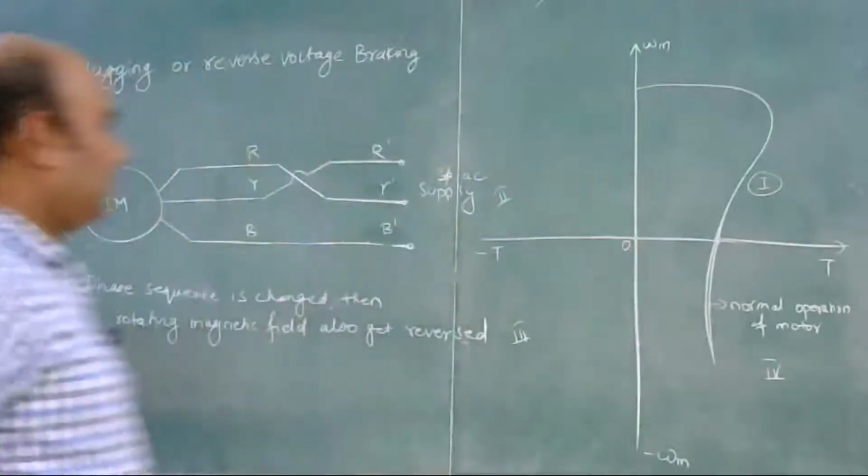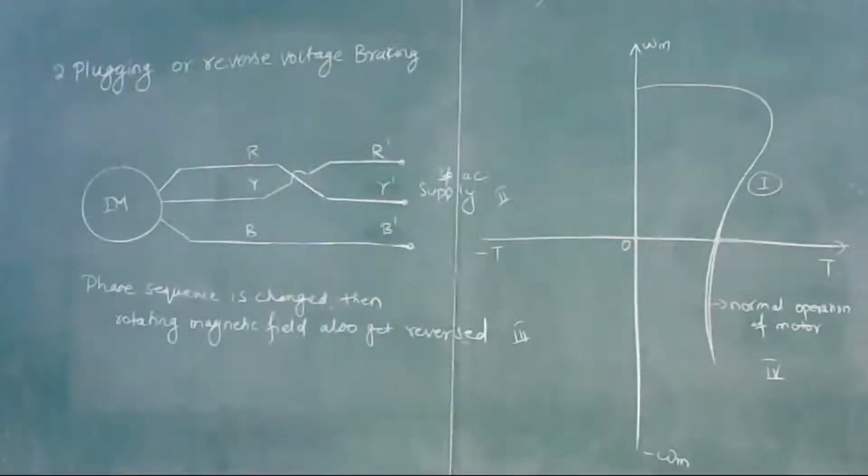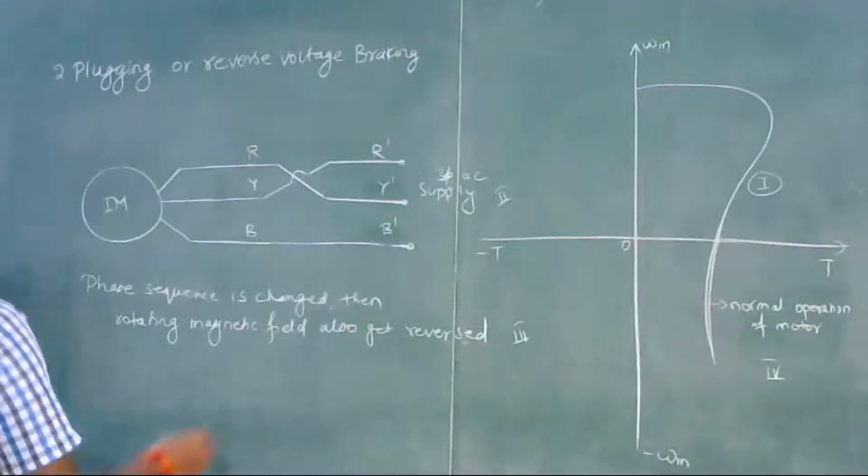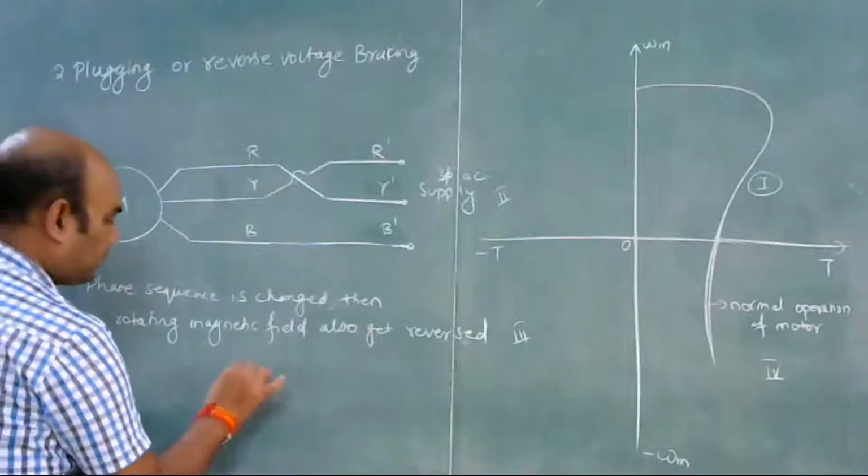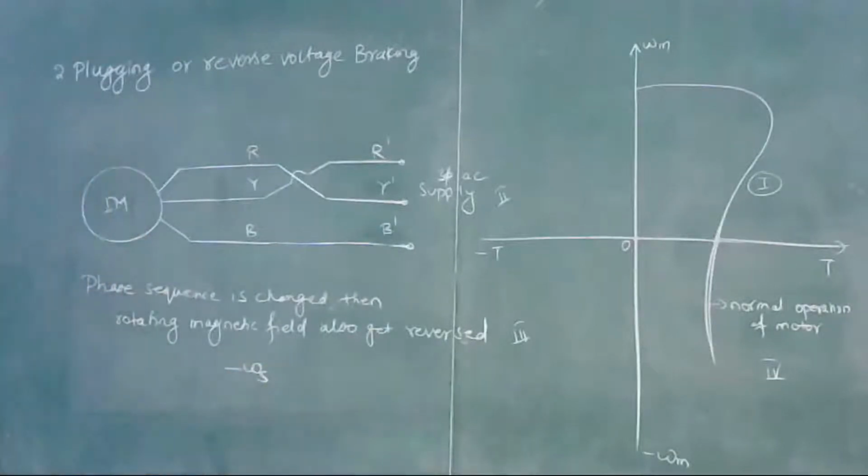Now the phase sequence is reversed and the rotating magnetic field is also reversed, so the speed will become minus omega s.